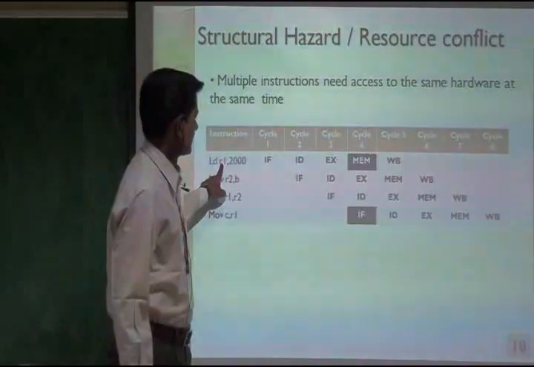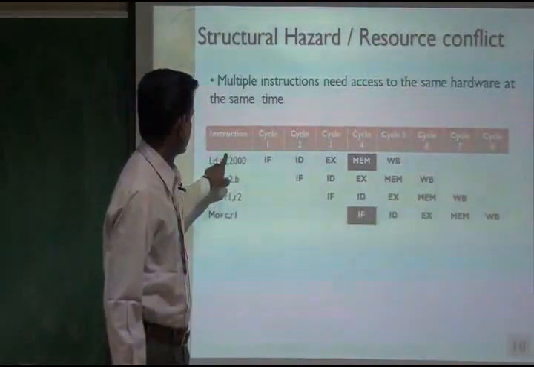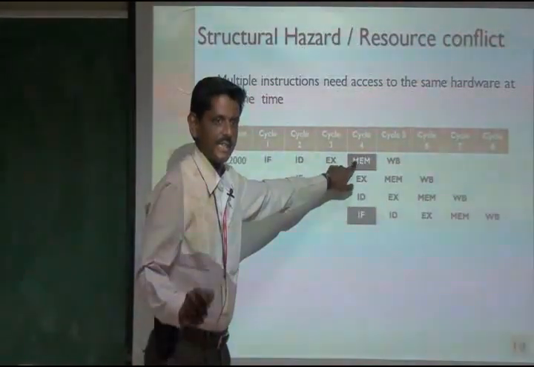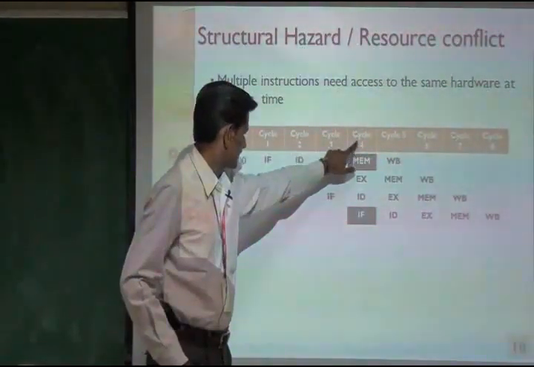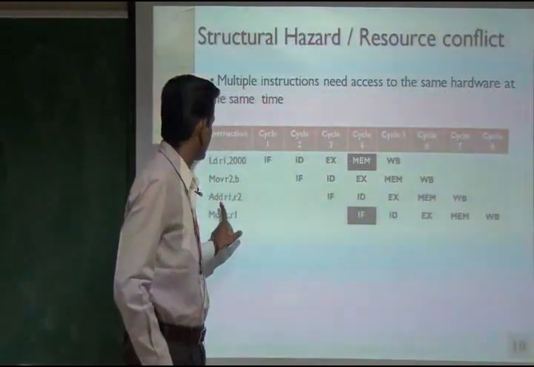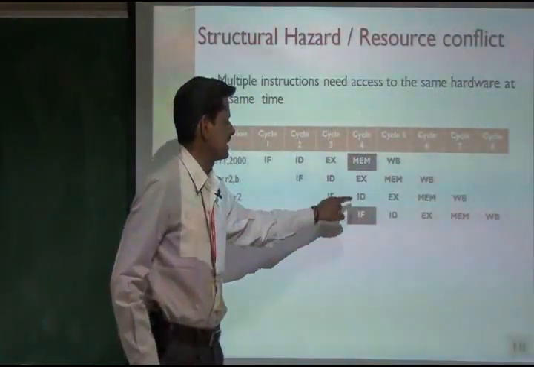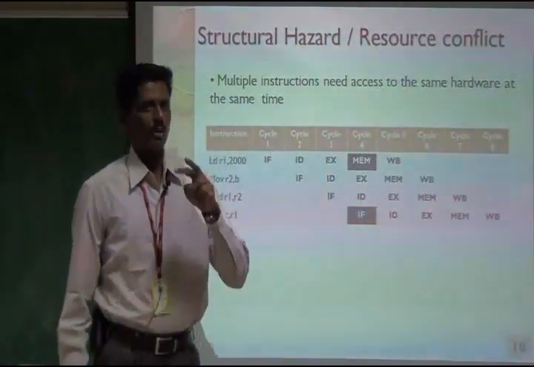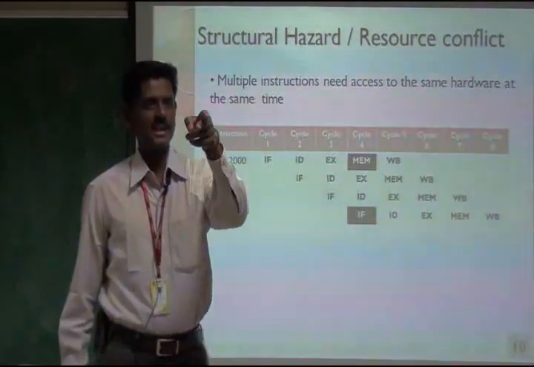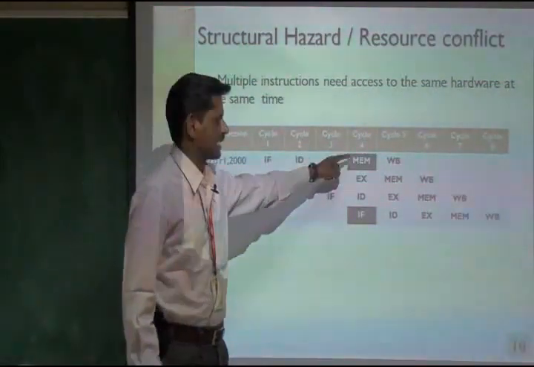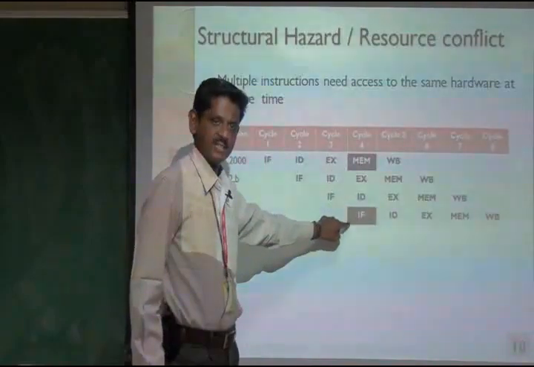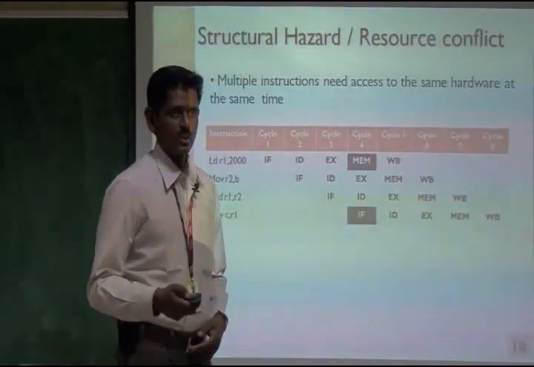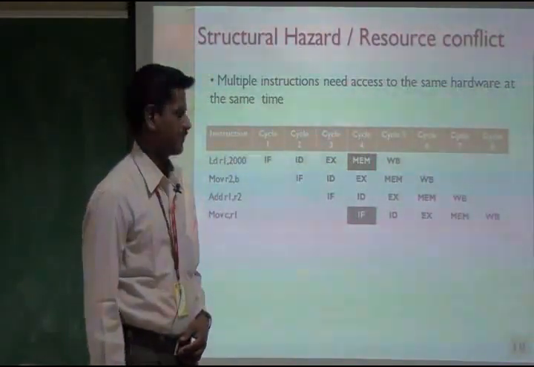So the first instruction, a memory reference instruction, is going to read data from the memory. At the same time, instruction 4 tries to read the instruction from memory. So 1 and 4 both try to access the same memory, one to read the data, the other to read the instruction. So it is not possible to make the resource available to 2 instructions at a time.